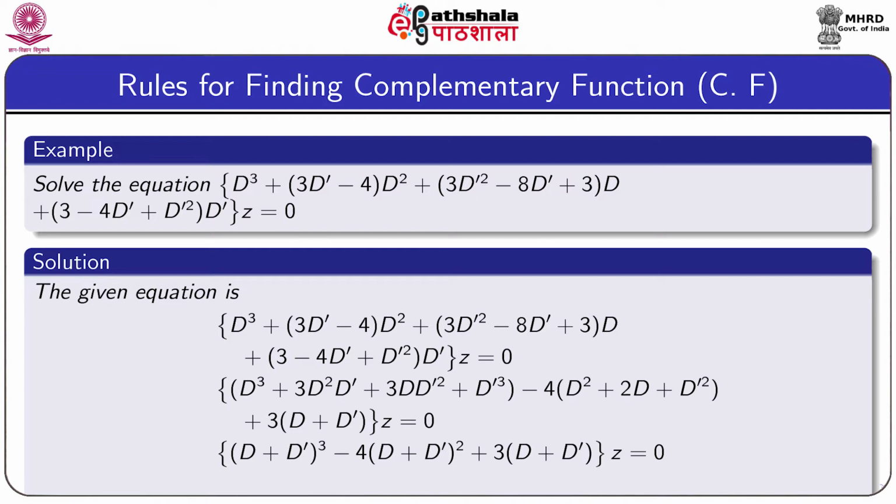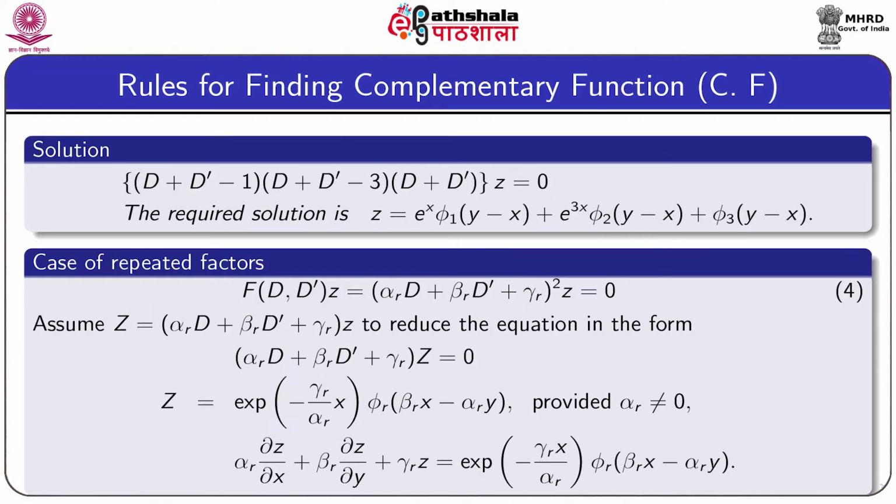If we observe the function capital F, we see that capital F can be factorized, which is given in the solution in this form: (D plus D dashed minus 1) into (D plus D dashed minus 3) into (D plus D dashed) z equals 0. So, for this example, F is reducible to linear factors.